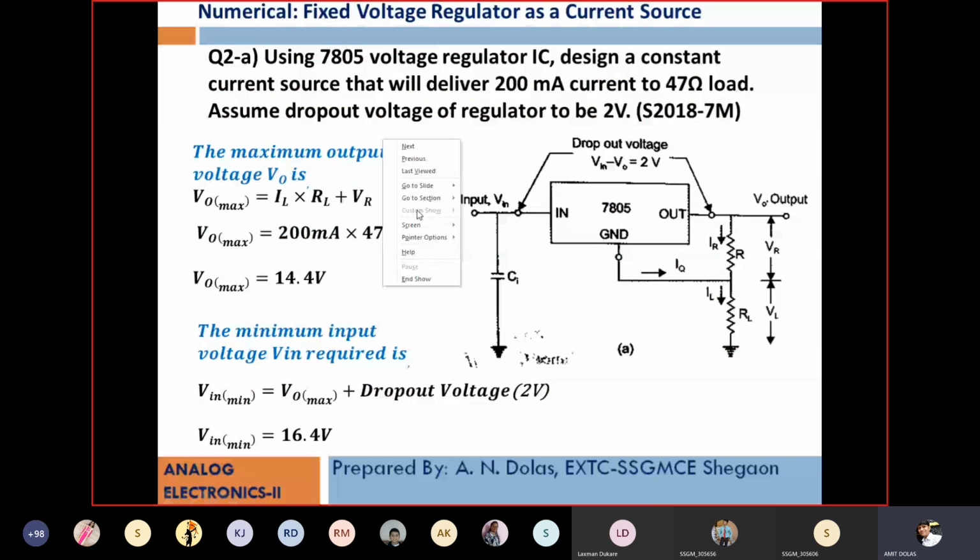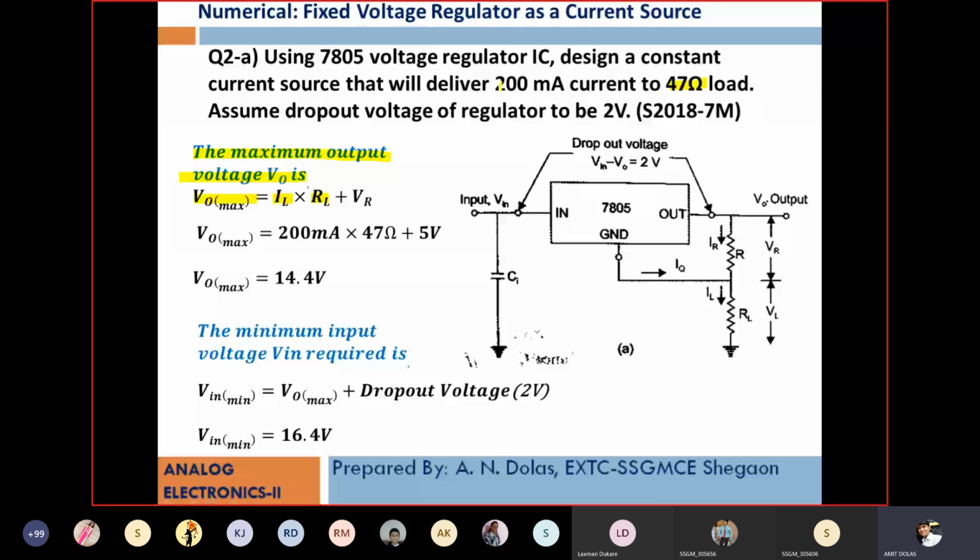And again minimum and maximum output we have to calculate. Therefore, in the same problem, the maximum output voltage VO max is equal to IL times RL plus VR. Only one current is given, no range is given, so it is IL 200 milliampere. RL is 47 ohm plus VR is 5 volt for this IC.